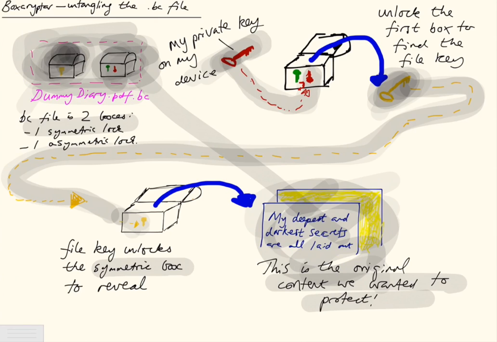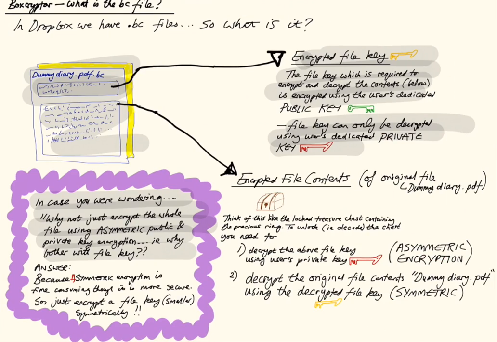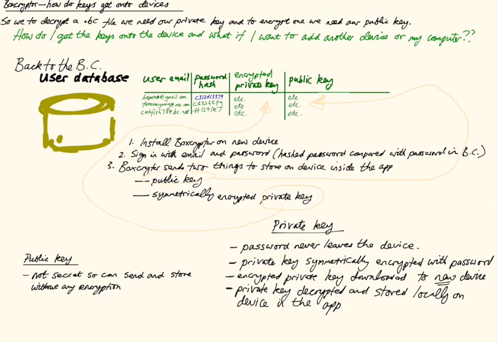And then you take the key that you need to unlock this box and you encrypt that by putting it in a public-private key box, which is very, very secure, but doesn't take very long to encrypt the file key. So that's a bit of an aside for those of you who were curious about it, but don't worry about it too much if it's not 100% clear.